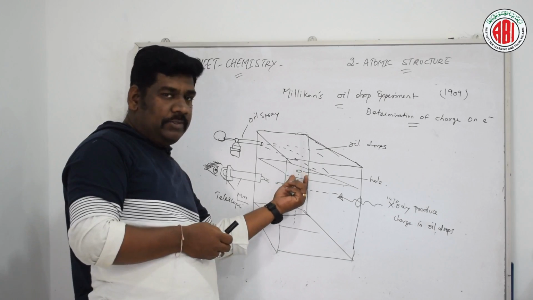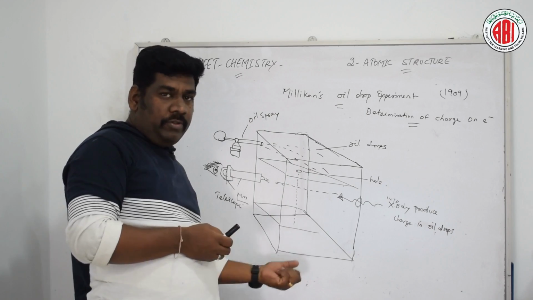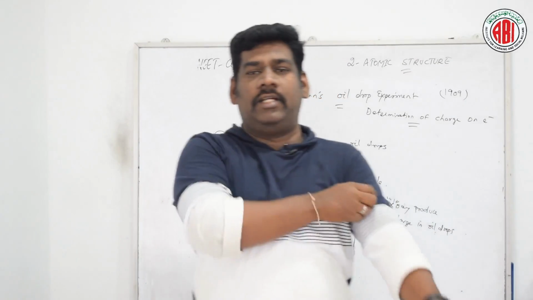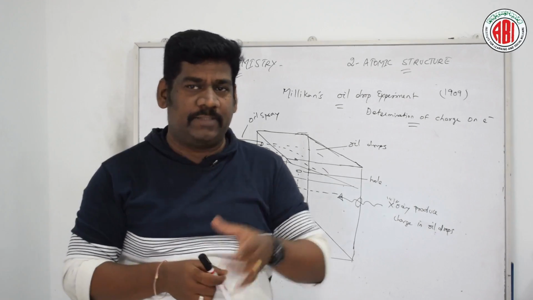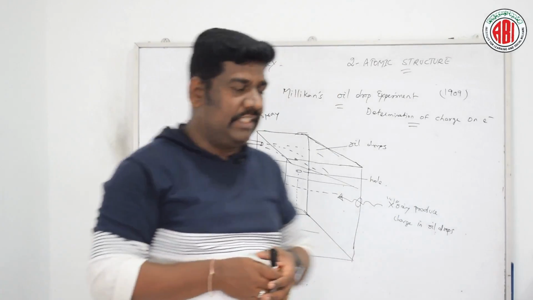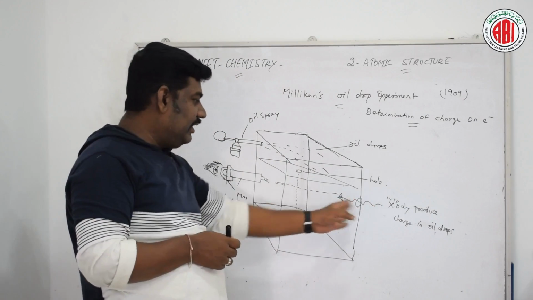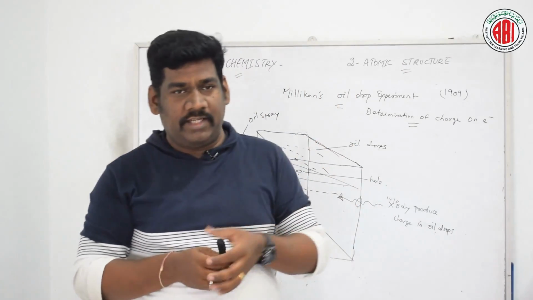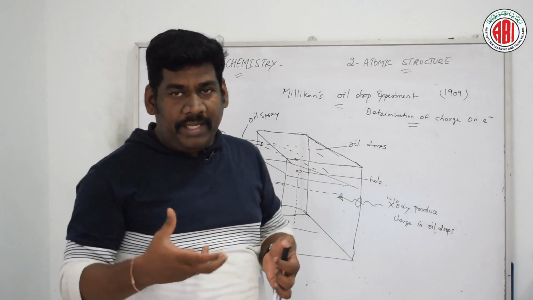So these oil drops are attracted downward due to the gravitational force acting on them. Now the oil drops are irradiated in the space between the plates with X-rays. Here we kept two plates and we pass the X-ray through them. What would happen? These X-rays falling on the oil droplets make them charged.